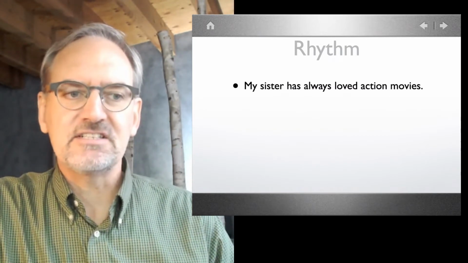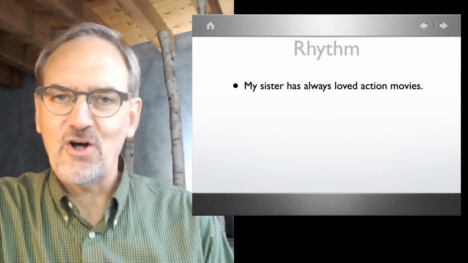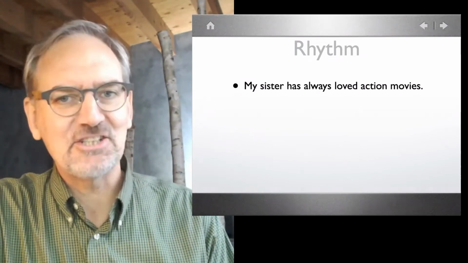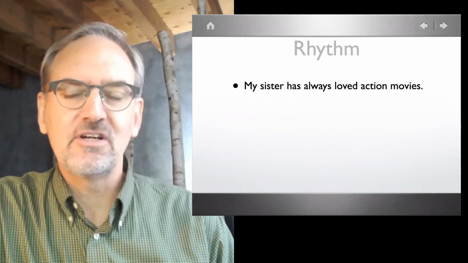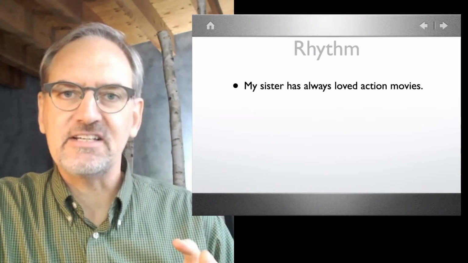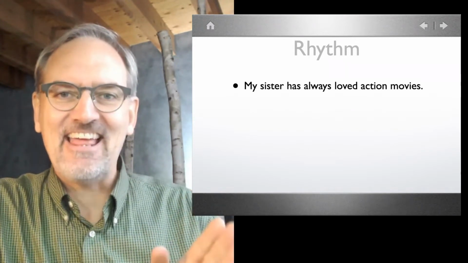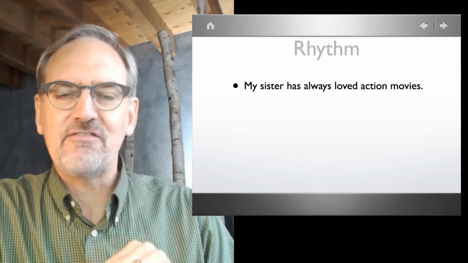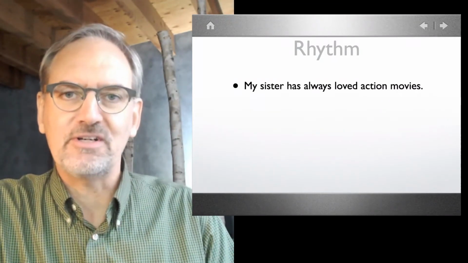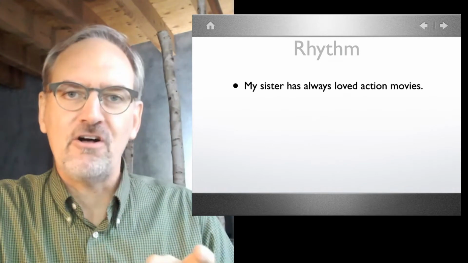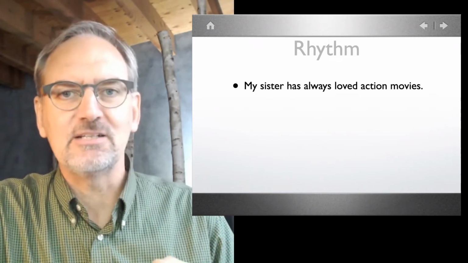So in a sentence like, my sister has always loved action movies, the natural rhythm for that has stress in certain places, and then the pitch of the voice rises on those primary stresses and then falls until we come to the next primary stress syllable.